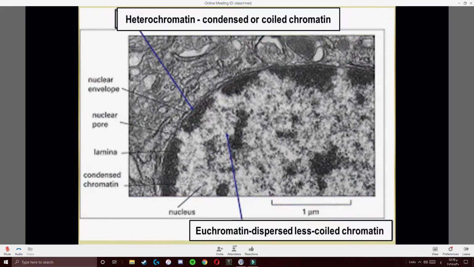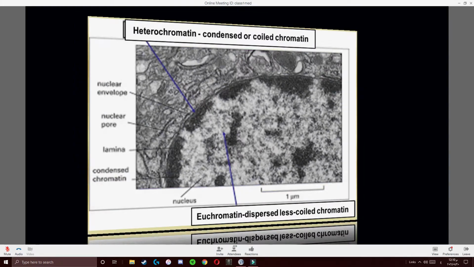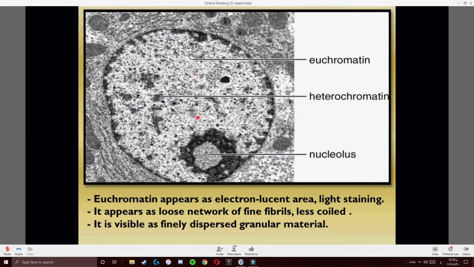Euchromatin appears as an electron-lucent area, lightly staining, دائما يظهر فاتح اللون. It appears as loose network of fine fibrils less coiled. الفيبرلز تكون أقل التفاف فلهذا يظهر lightly staining. It is visible as finely dispersed granular material.